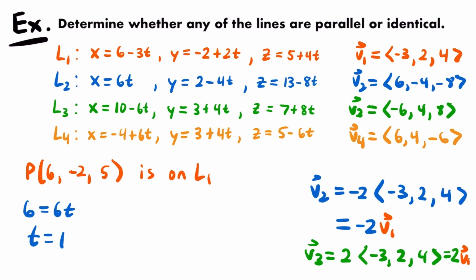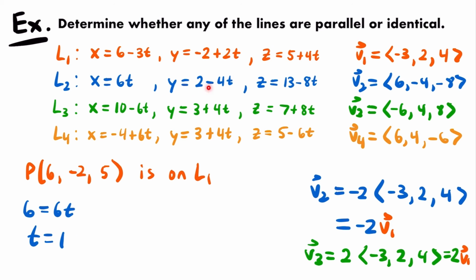All right, so we found that the x-coordinate is 6 when t equals 1 for line 2, and so the y-coordinate better be negative 2 when t is equal to 1, and the z-coordinate better be 5 when t is equal to 1 for this line only, line 2. Okay, and so if we can show that, then we can conclude that these two lines are identical.